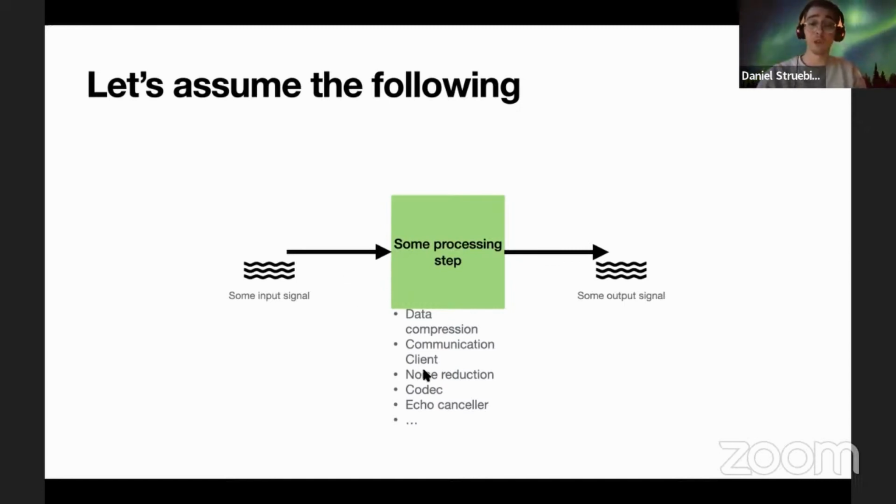You could be applying some noise reduction, so you end up with a potentially enhanced signal in the sense that you've reduced noise that you didn't want to pass through. But at the same time, it could be that you've degraded the speech signal along the way, because in the end, these are things that are difficult to separate overall. It could also be that you work on a codec or something else.